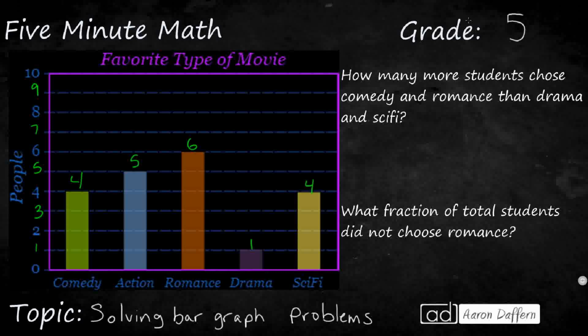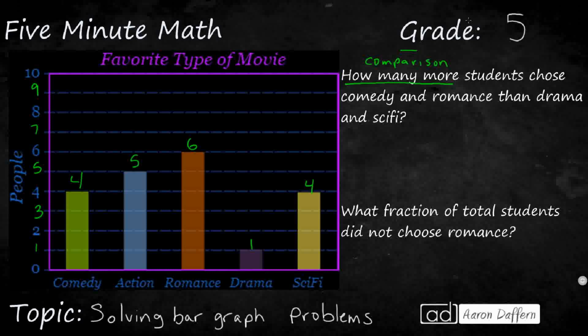One of the typical things we might ask in a problem like this is comparing two bars with another two bars. So you're going to see how many more, which lets us know that we are doing a comparison, which means we are going to subtract. But take a look at what we're subtracting here.